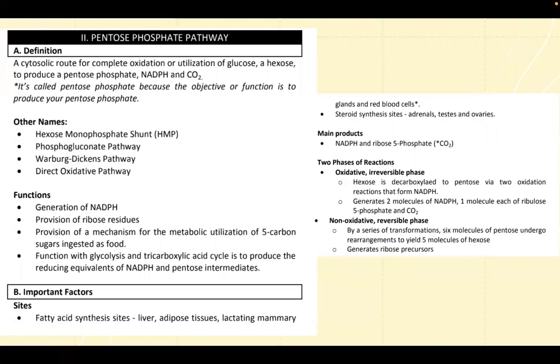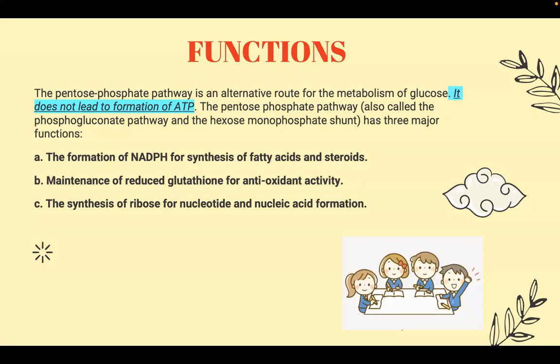So ano ba yung sinasabi mo, ma'am, na pagkarami-raming functions and other names ng pentose phosphate pathway? So ito siya. Marami pa po siyang functions. Daanan lang po muna natin siya isa-isa bago natin daanan yung pinaka-pathway.